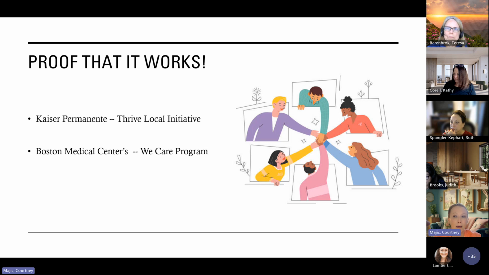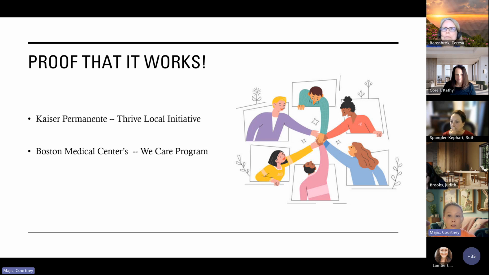And for Boston Medical Center's We Care program, they launched this to identify the unmet social determinant of health needs and to offer interventions for the lack of needed resources. Through the We Care program, a person's access to food pantries and employment services increased from 8% to 70%.